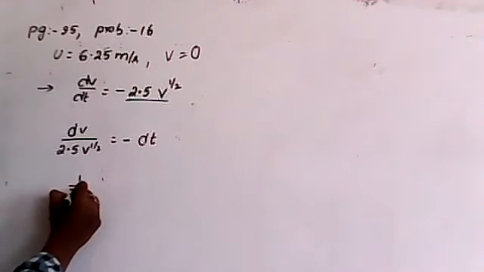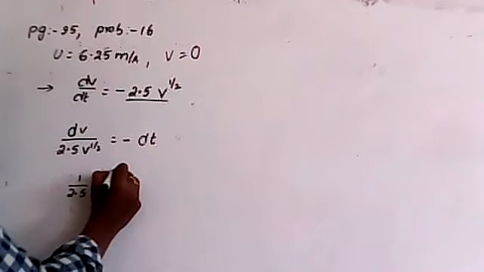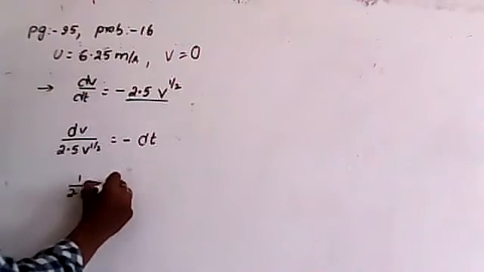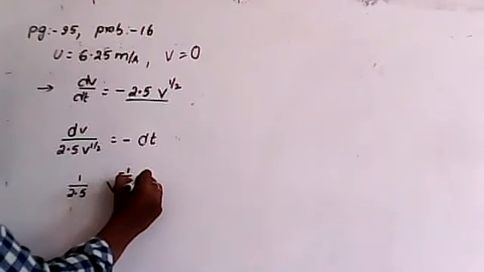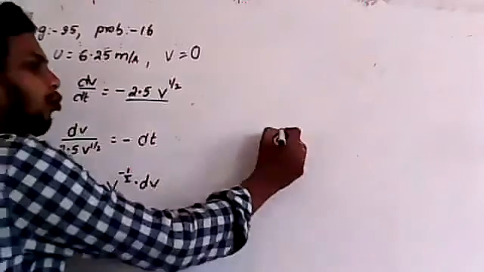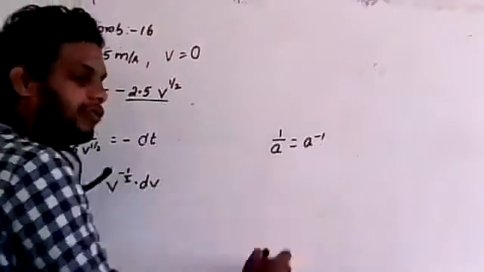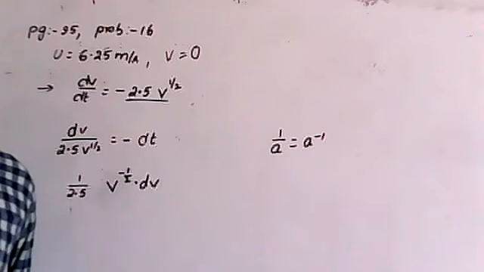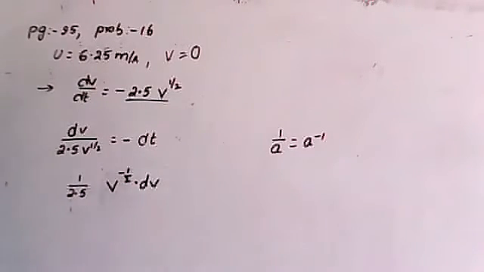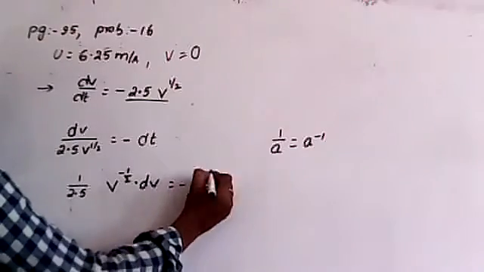I will write 1 by 2.5 into v power minus 1 by 2 into dv, taking the v power 1 by 2 to the numerator as v power minus 1 by 2, because 1 by a can be taken as a power minus 1. So we have v power minus 1 by 2 dv is equal to minus dt.